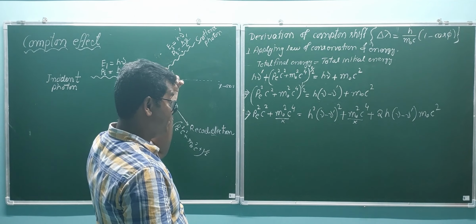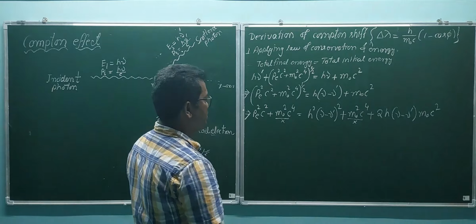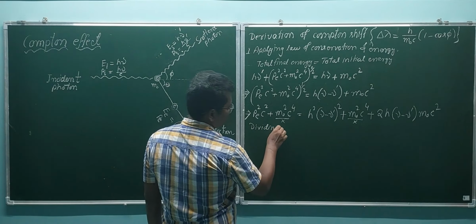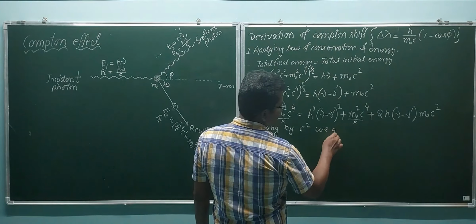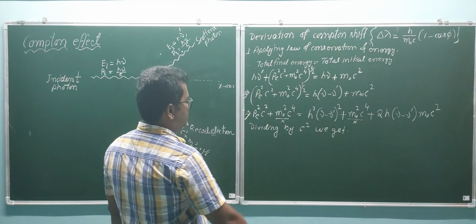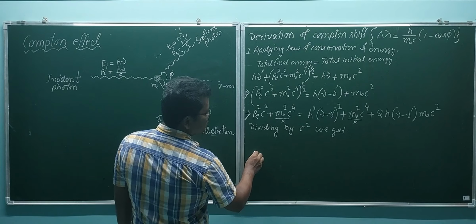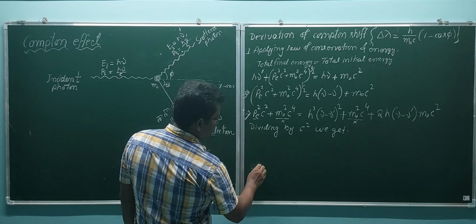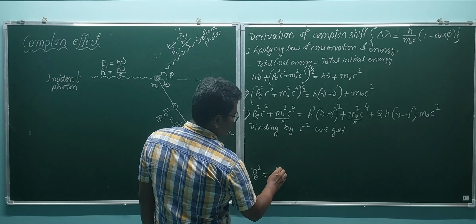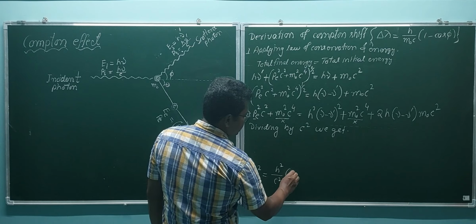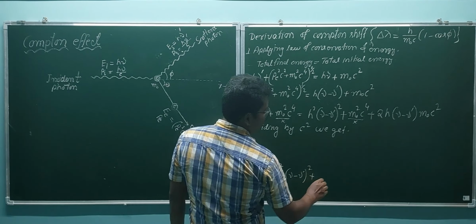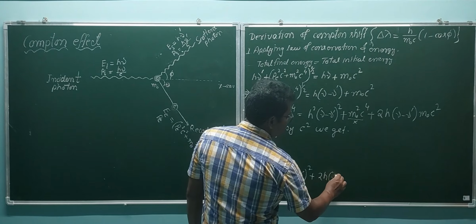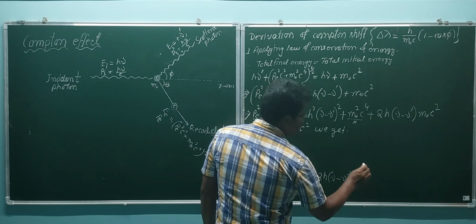So finally, dividing by c square, we get pe square equal to h square by c square into nu minus nu prime all square, plus twice h into nu minus nu prime into m naught.